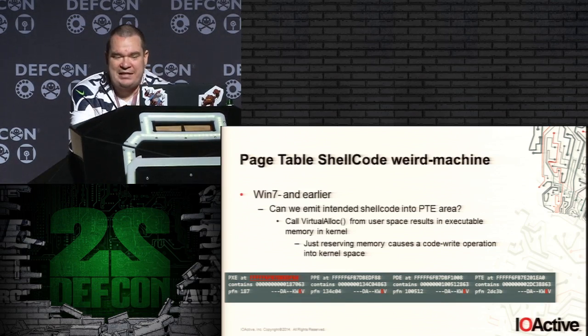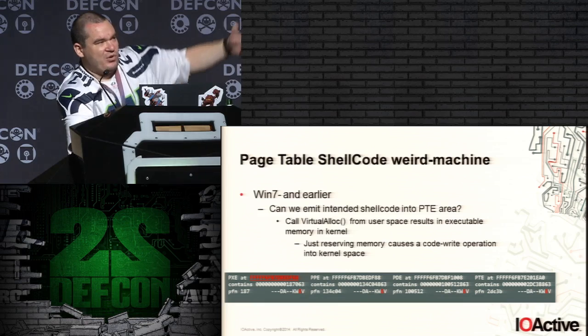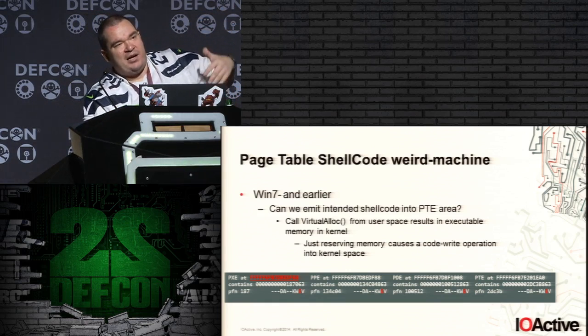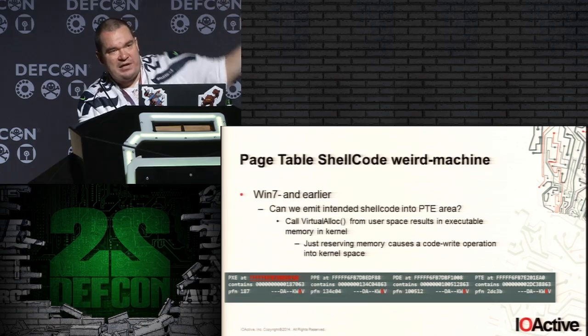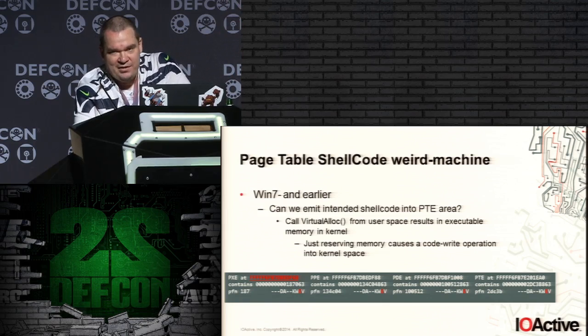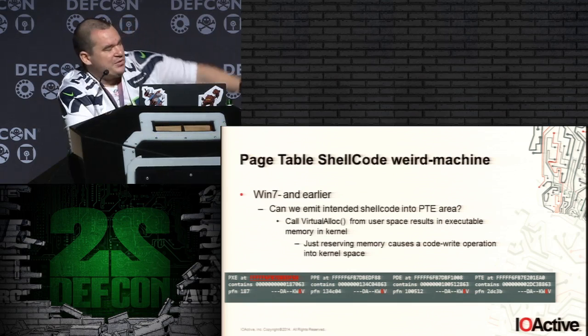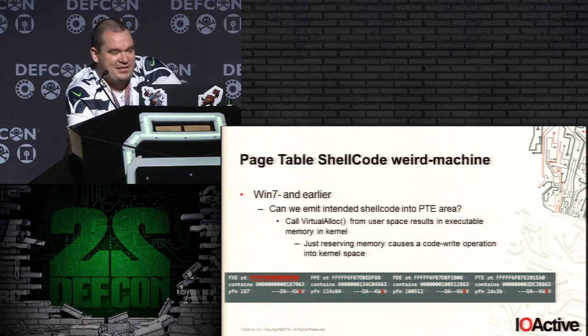What that means is I can do a ROP right through that. I can get code into the kernel by just reserving memory, which is pretty powerful and pretty interesting. Those E's there mean that it's executable.